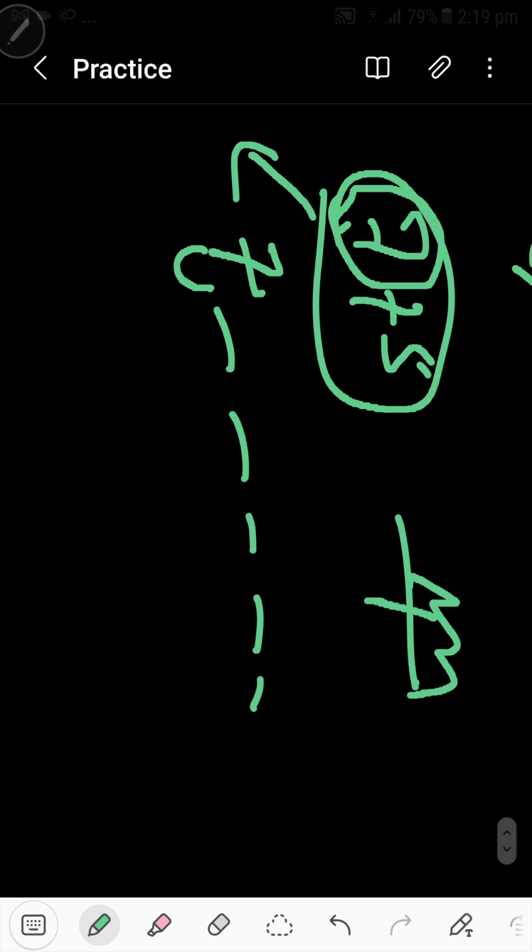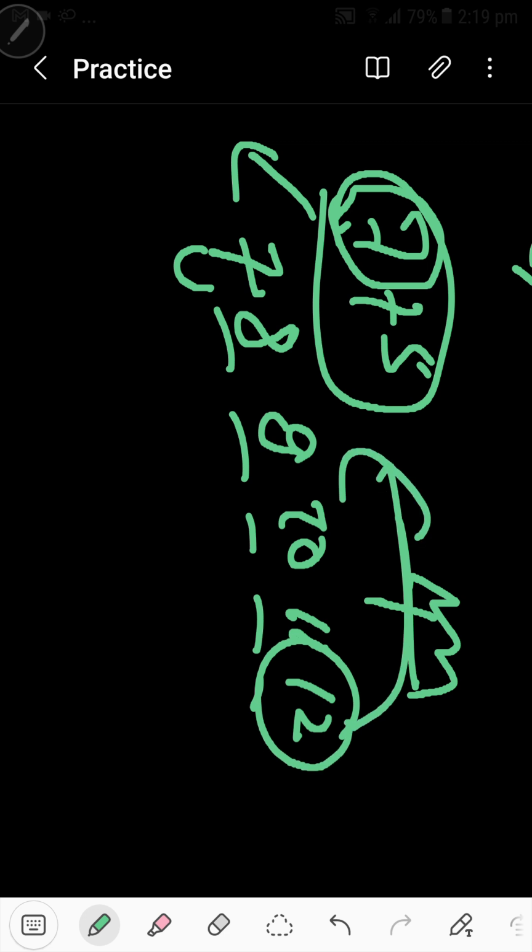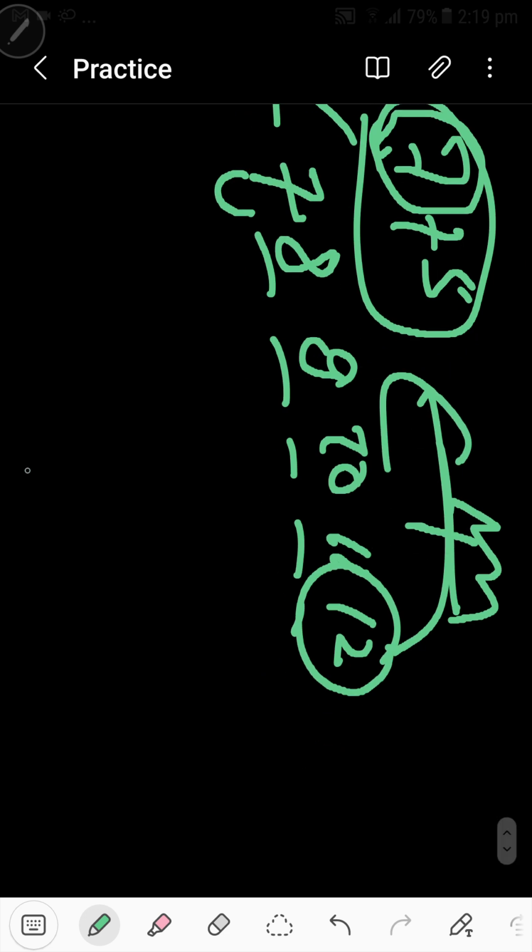So 8, 9, 10, 11, 12. 12 is the answer for 7 plus 5, where 7 is the start and 5 is the number we need to move.